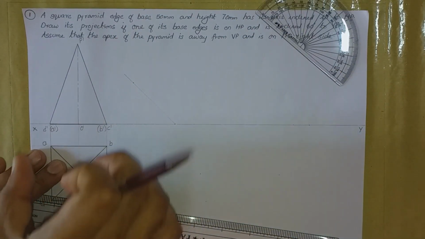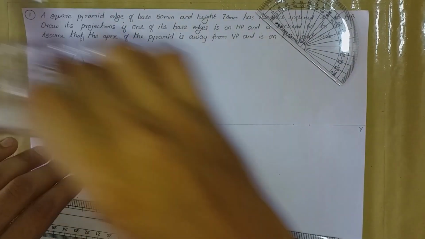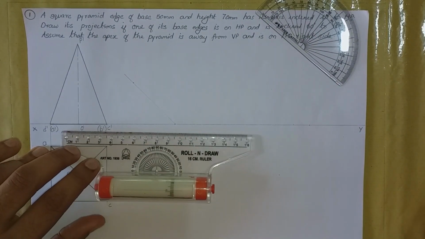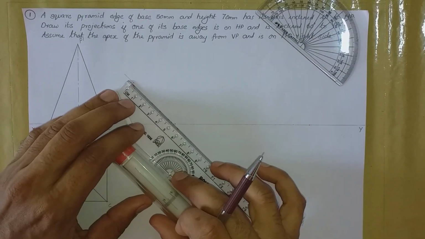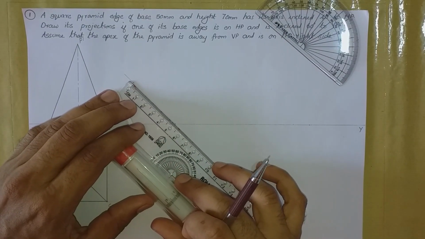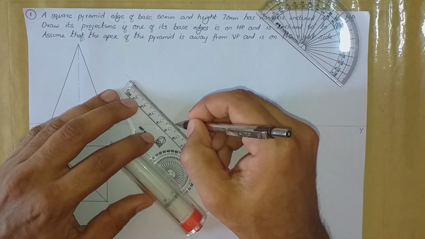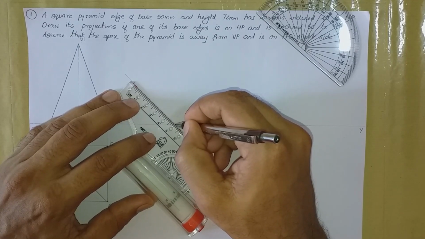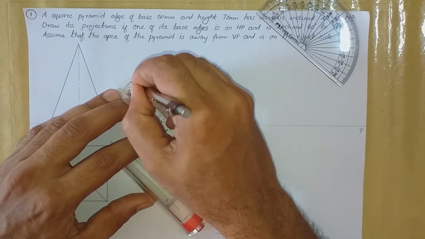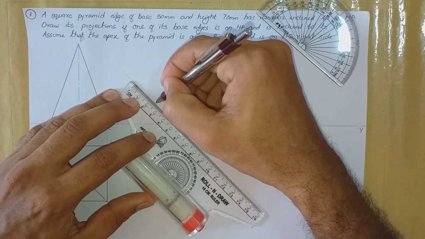So we are making an inclination of 45. So we shall fit this base to this particular line. The length of the base is 50 mm. So this is 50 mm. So we shall mark it as the base. We shall also mark the center.